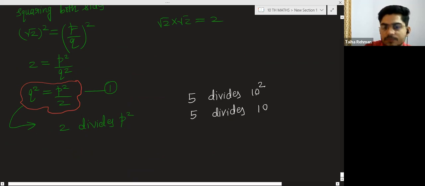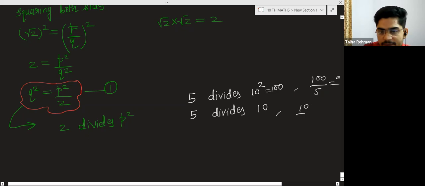This is our theorem. 10 square means 100. Divide and see: 100 divided by 5 is 20, and 10 by 5 is 2.